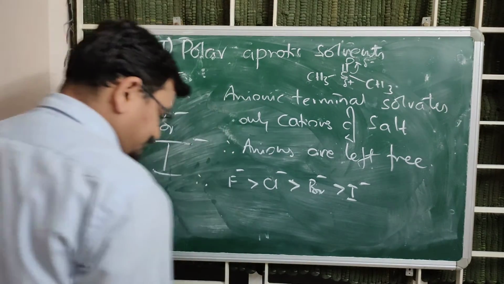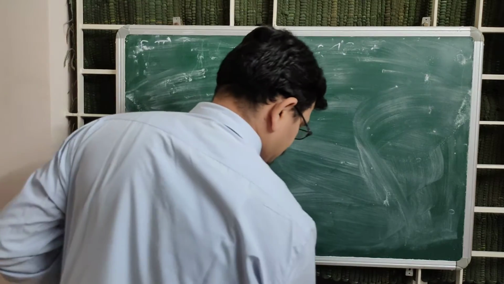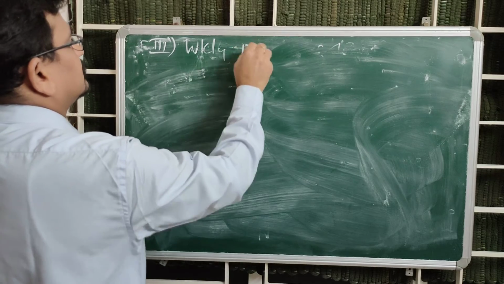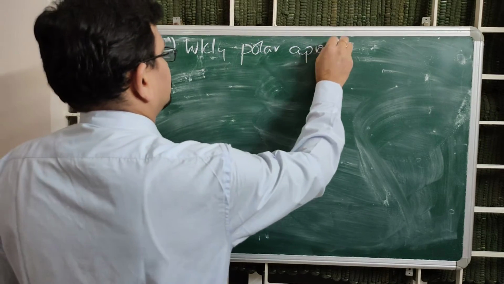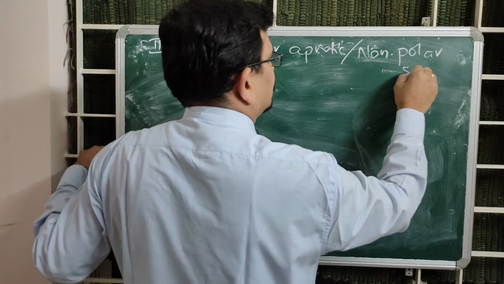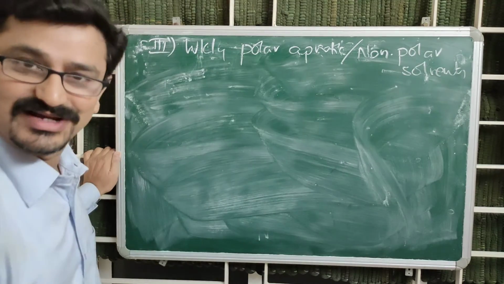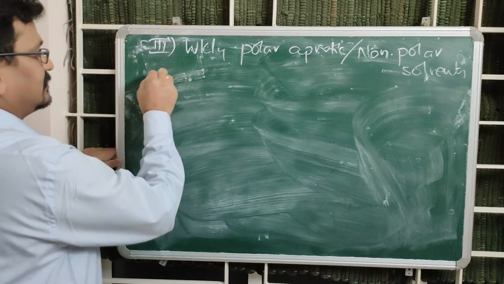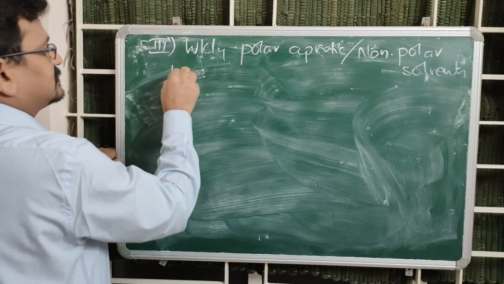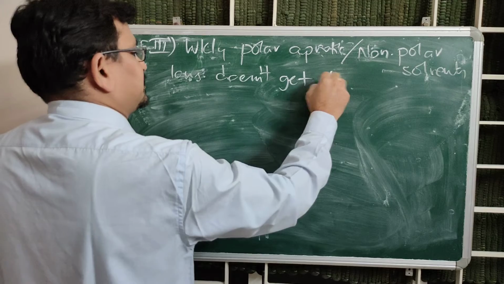Now let's come to weakly polar aprotic or non-polar solvents. Both are similar here, so we'll study both at once. In the presence of weakly polar aprotic or non-polar solvents, as one is weakly polar and the other is non-polar, ions don't get dissociated.